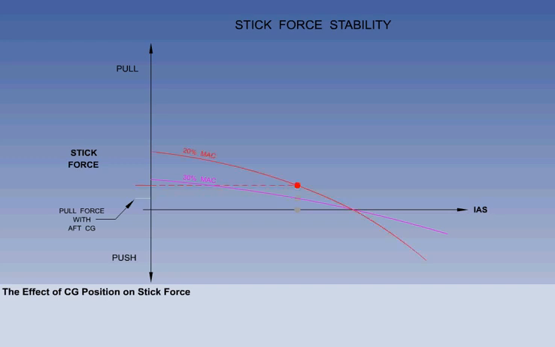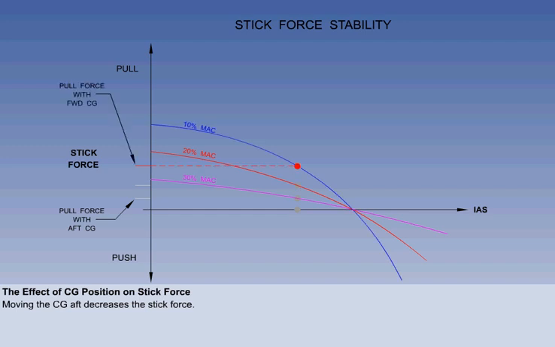With the CG at 20% MAC, the same speed reduction requires a larger pull force. With the CG at 10% MAC, the same speed reduction requires an even larger pull force. Moving the CG aft decreases the stick forces required to displace the aircraft from trim speed.